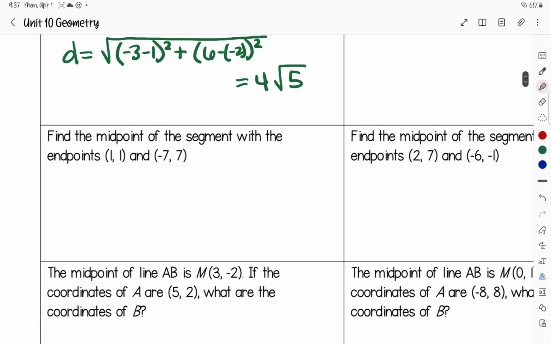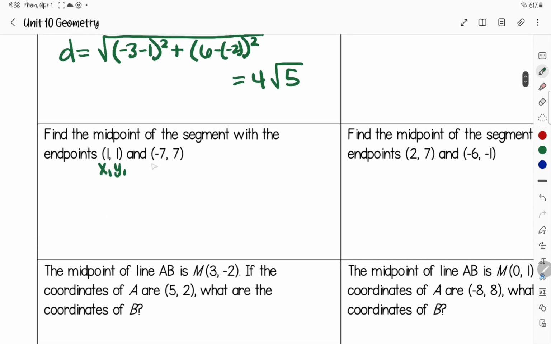This one right here says find the midpoint of the segment with the endpoints 1, 1 and negative 7, 7. So let's find the midpoint. Let's label these first: x1, y1, x2, y2.